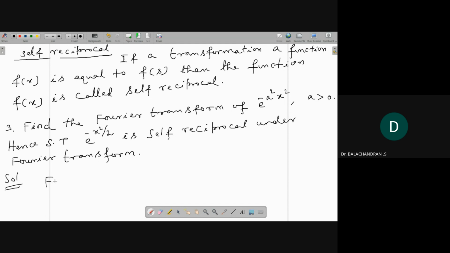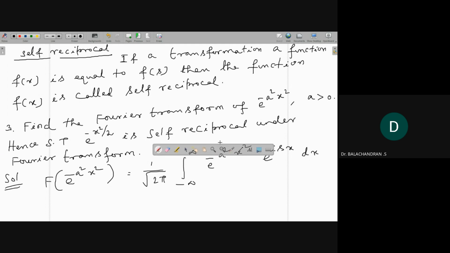So what is here f of x? e power minus a square x square, which is equal to 1 by root 2 pi, integral from minus infinity to plus infinity of e power minus a square x square into e power isx into dx. Okay, so this is the definition. The next step I'll write in the next slide.